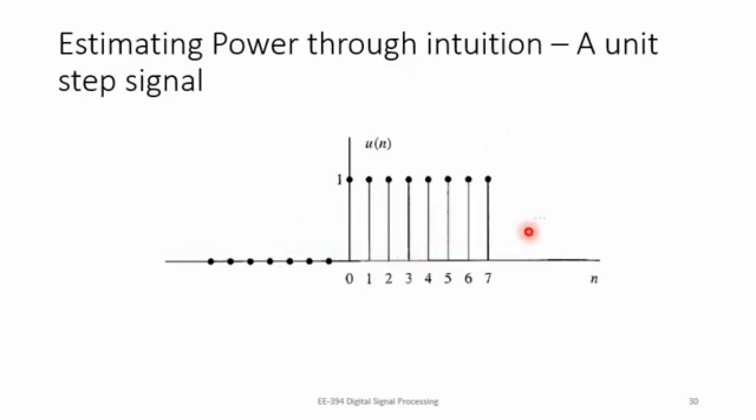So it is expected that if we compute power through the mathematical formula, we should get half as the answer. So with this intuition, let's see how the maths works.